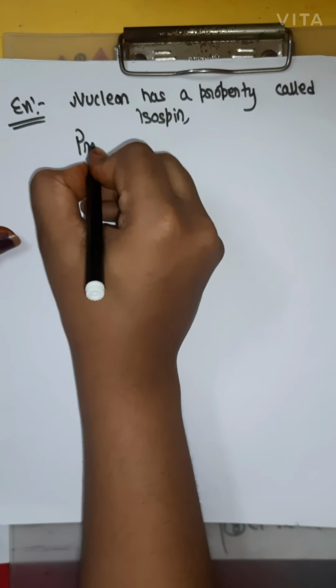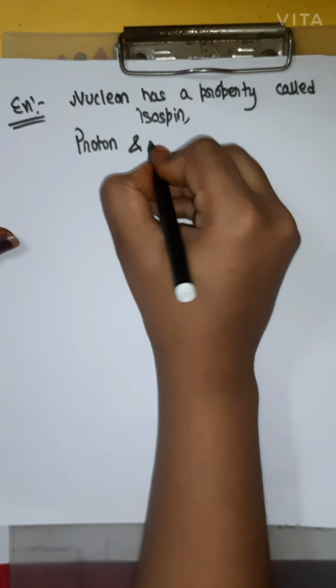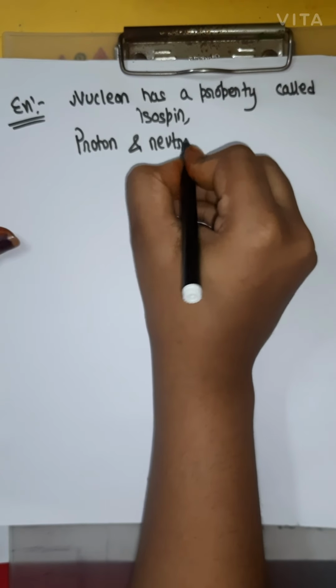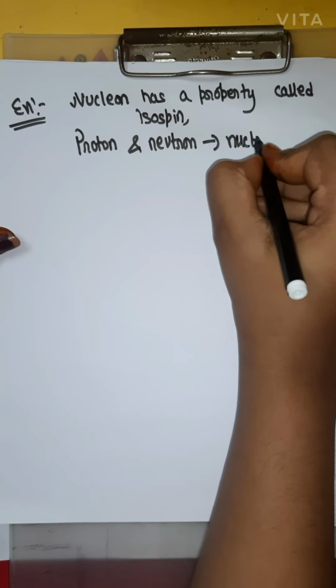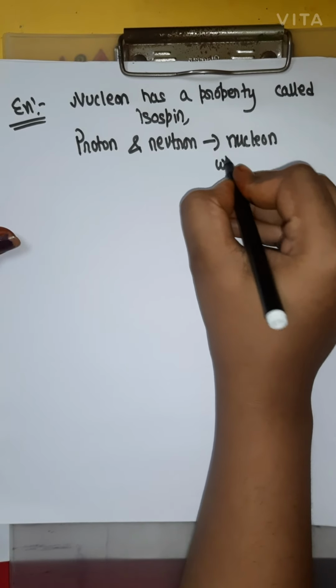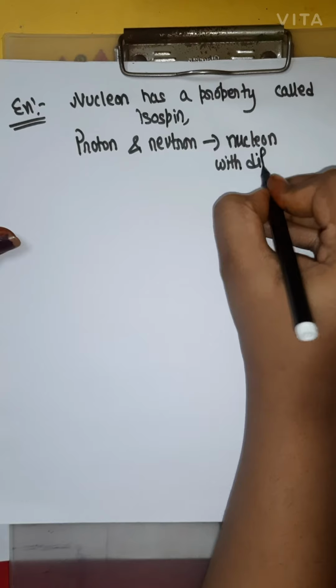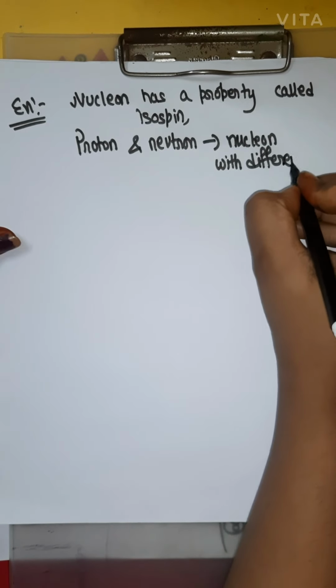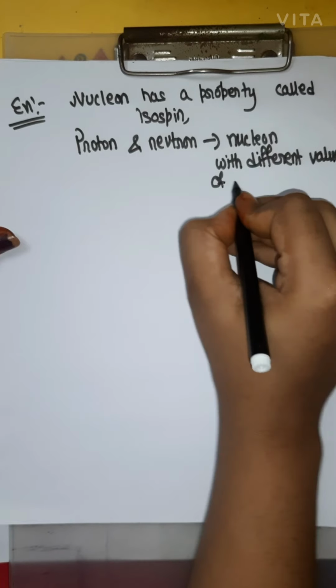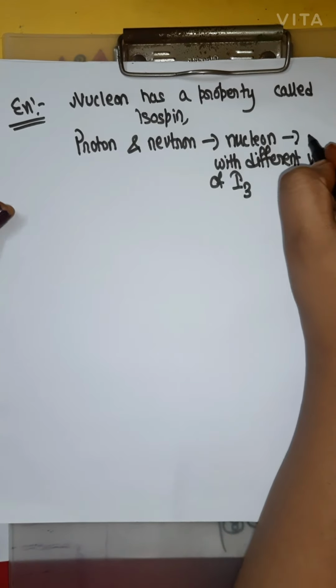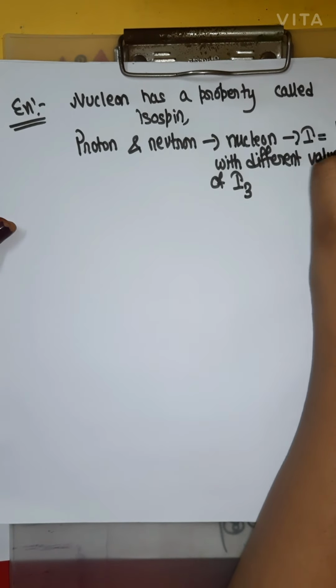Now proton and neutron are considered as nucleons with different values of I3, but they are considered as nucleon, and the nucleon has an isospin value of half.